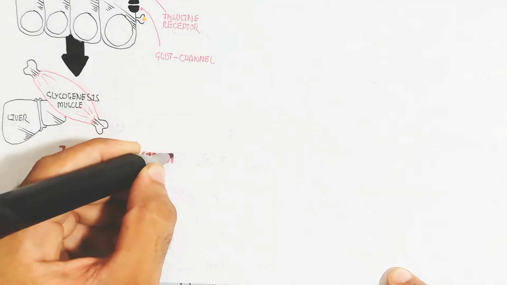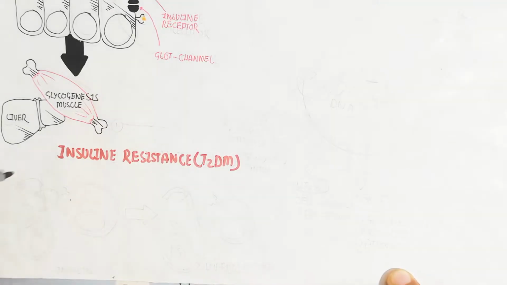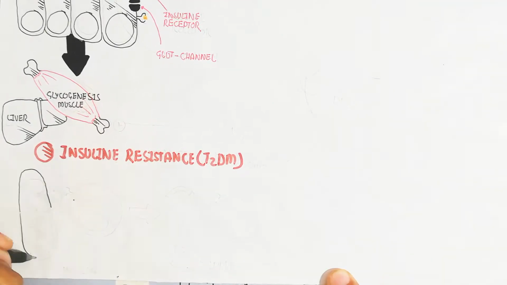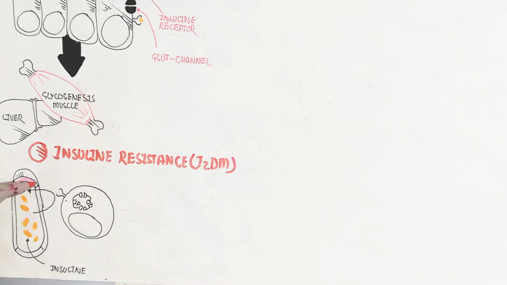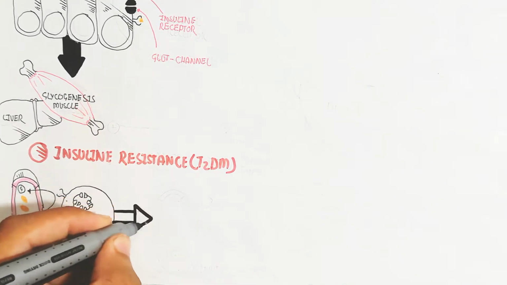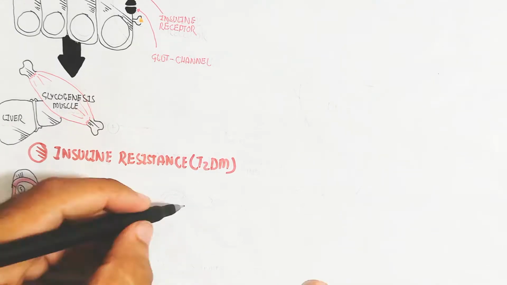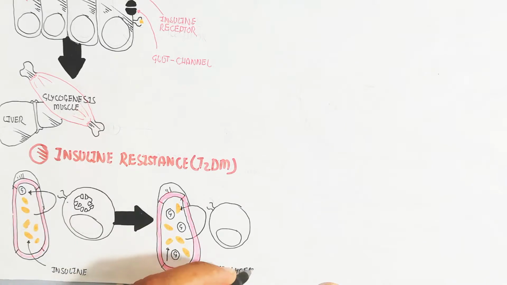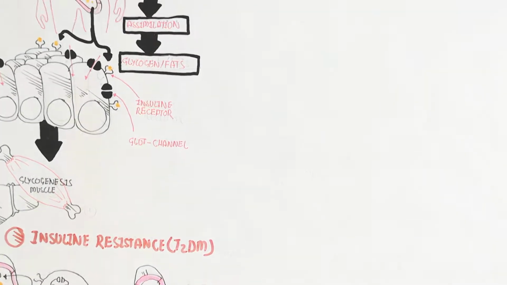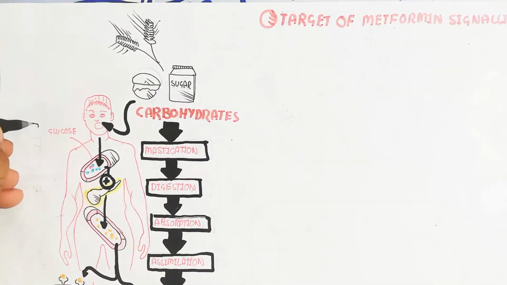So let's begin to understand insulin resistance and, related to it, we will learn about metformin. This is insulin, which is triggered due to the glucose increase in the blood circulatory system, and will dispose the glucose into the tissue. Insulin resistance means receptor damage, which will lead to hyperglycemia in the blood.